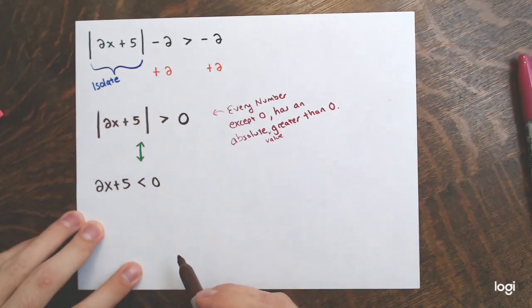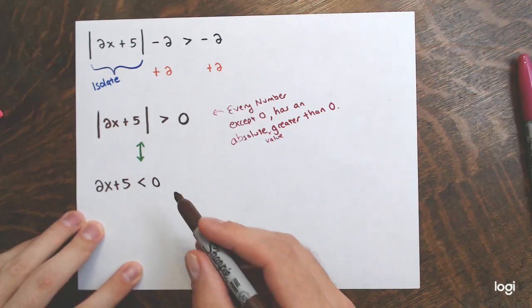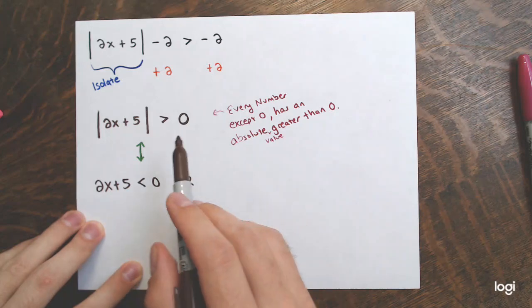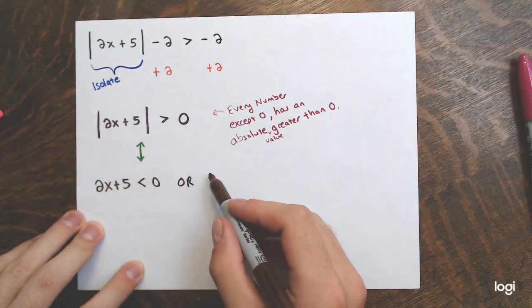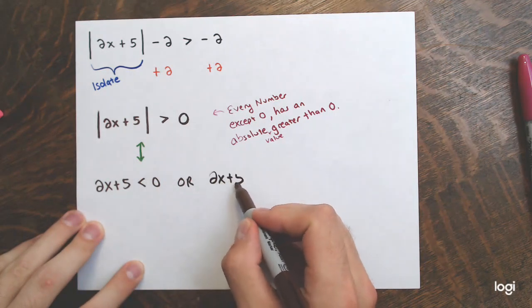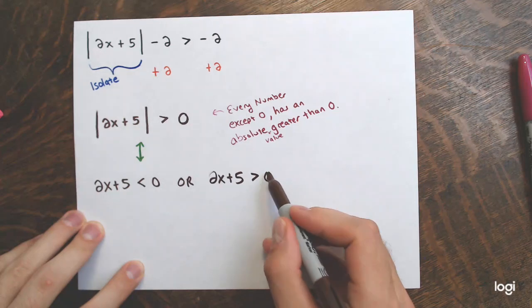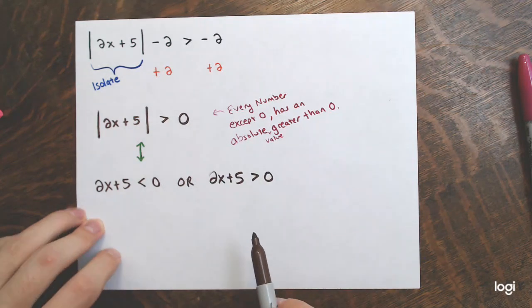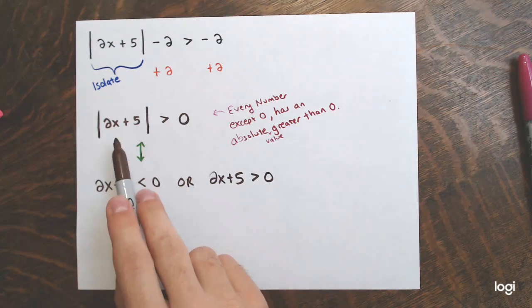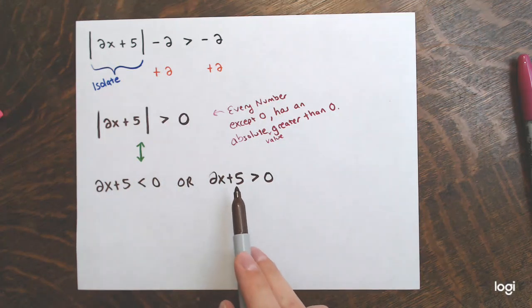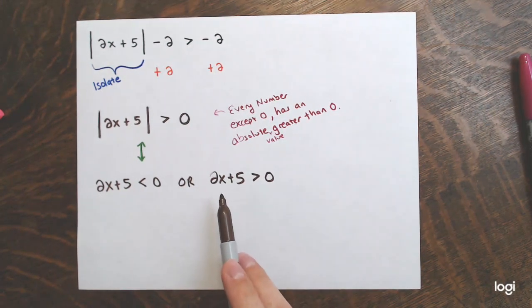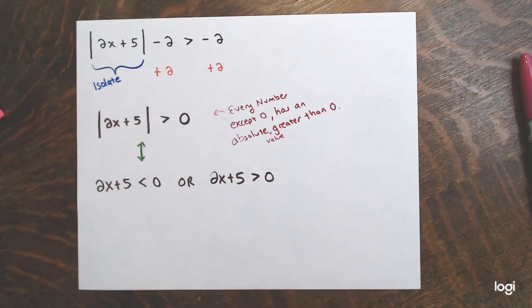Those numbers have an absolute value greater than 0. They're more than 0 units away from 0. Or any number to the right of 0 on the number line also has an absolute value greater than 0. So the 2x plus 5 could also be greater than 0. I've isolated the absolute value, and then as in the other examples, I rewrote this as an equivalent compound inequality involving the word or.